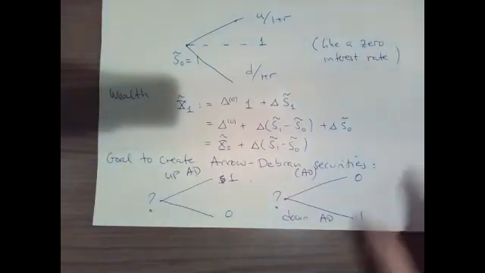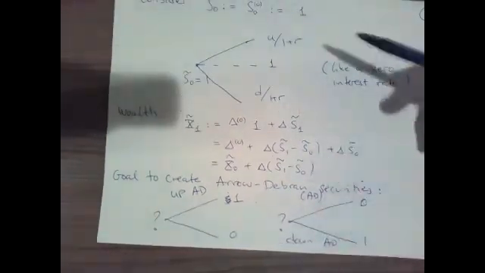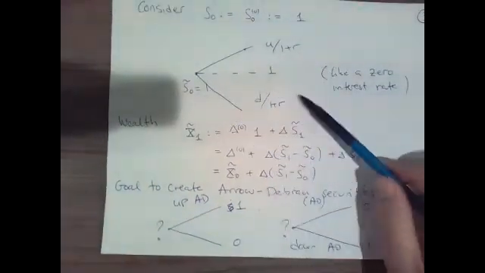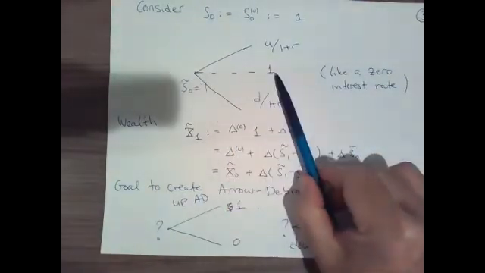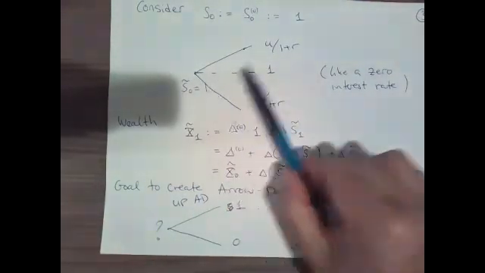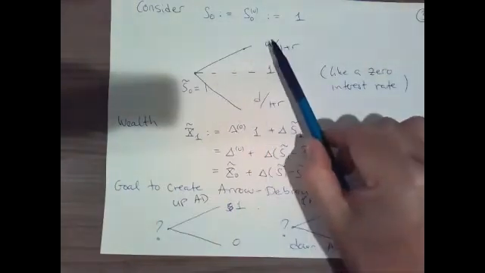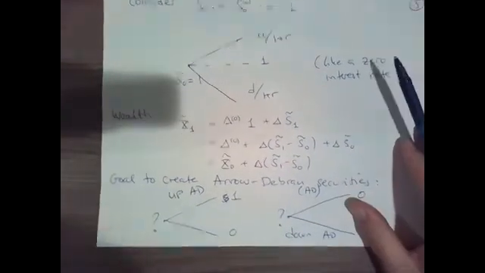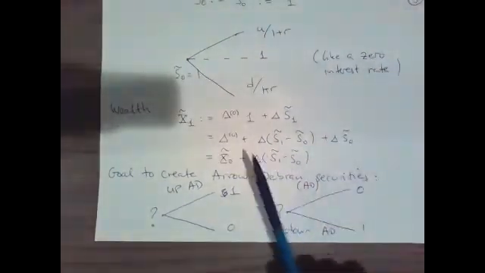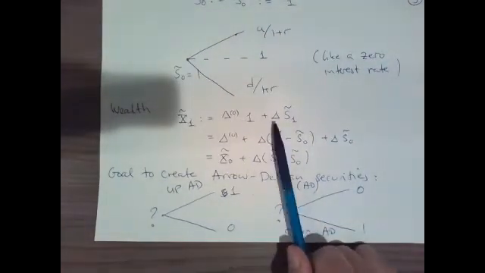Okay, so we're imagining that we can trade in the bank account that has a 0 interest rate, and then you can trade in the stock that goes from 1 up to U divided by 1 plus R, or goes down to D divided by 1 plus R. So what does it mean to trade? Well, it means we buy some units of the bank and we buy some units of the stock.